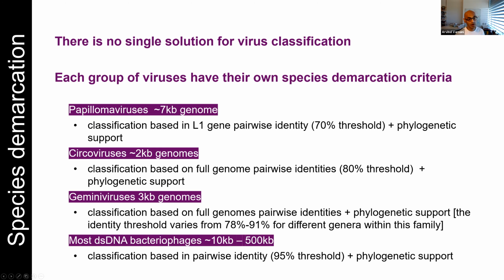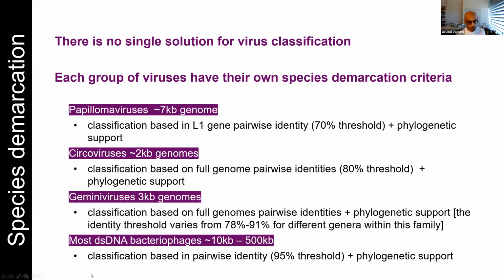When it comes to circoviruses, which have roughly 2 kilobase genomes, the criterion is based on full genome pairwise identities with a threshold of 80% coupled with phylogenetic support. Geminiviruses have roughly 3 kilobase genomes, but here the classification varies based on different genera within the family Geminiviridae, ranging from 78% to 91%, all based on full genome pairwise identity and phylogenetic support, but it's very genera specific.